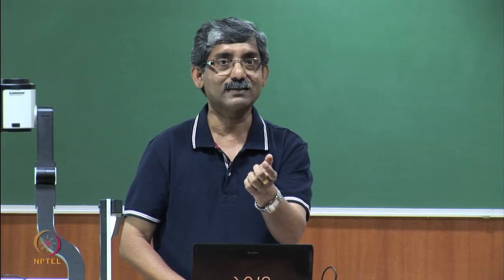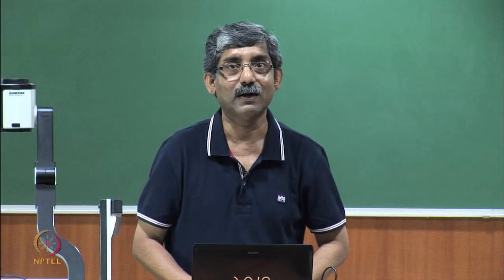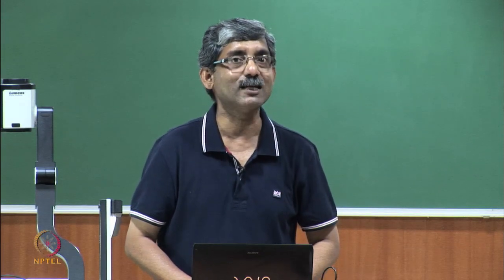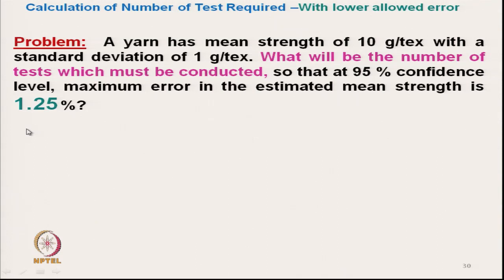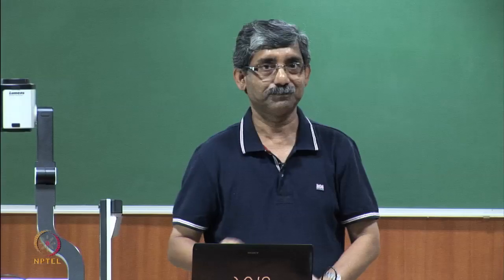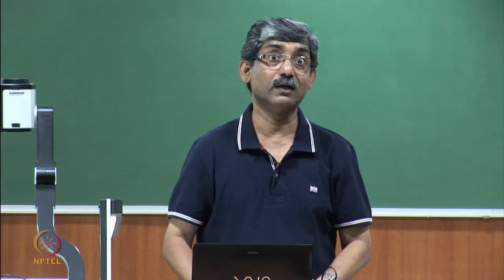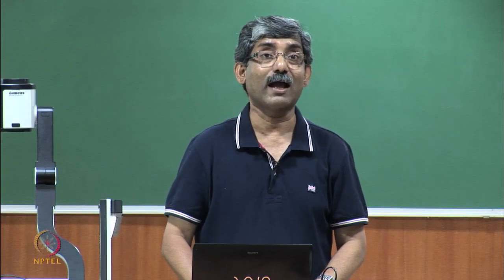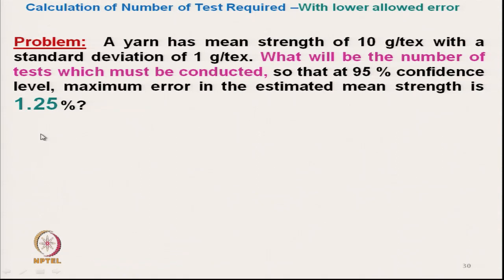In the next example, the same 95% is there, but I am not allowing 1.96% of the error. It is allowed only 1.25%. That is the error my experiment will allow, because the accuracy required depends on the type of test.